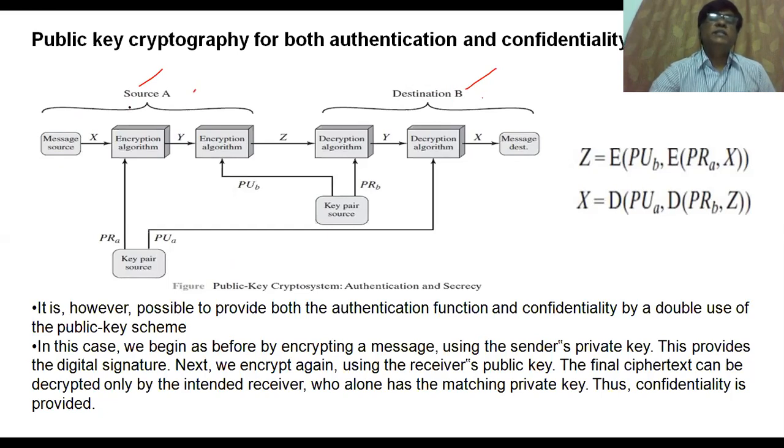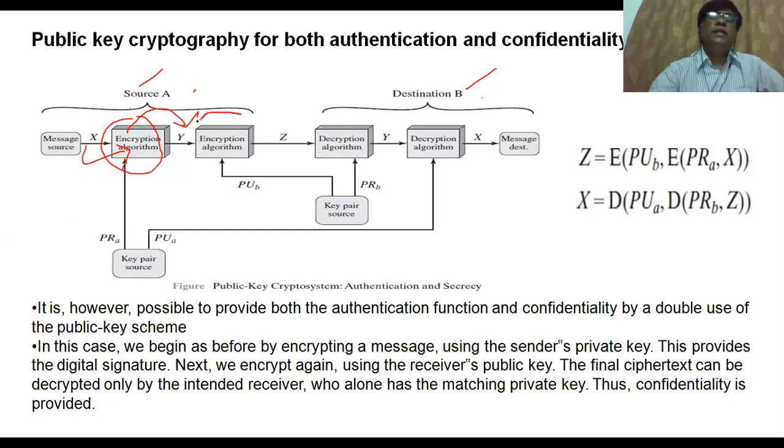A wanted to send some message to B. First he encrypted the plain text X using the private key of A, and it creates the ciphertext Y.